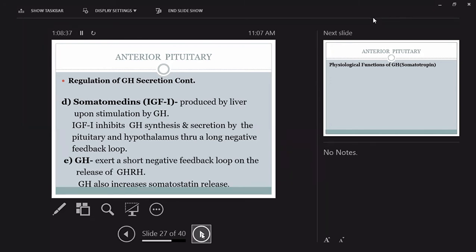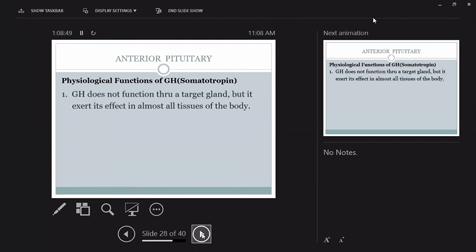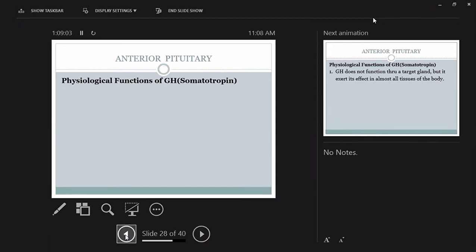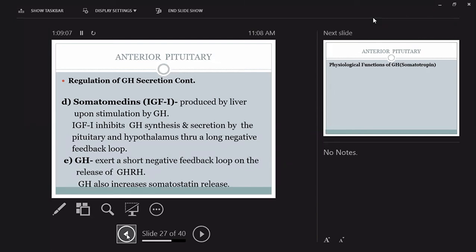Growth hormone also increases somatostatin release. Physiological functions of your growth hormone or your somatotropin. You have to remember this. Your growth hormone is somatotrope, okay? Your somatomedin is your IGF-1.